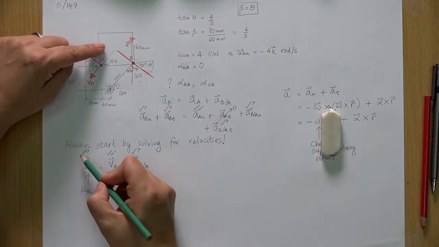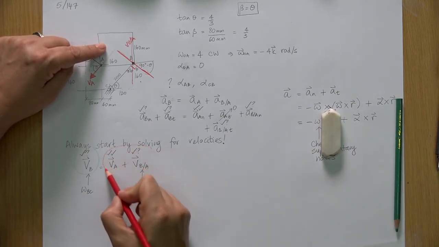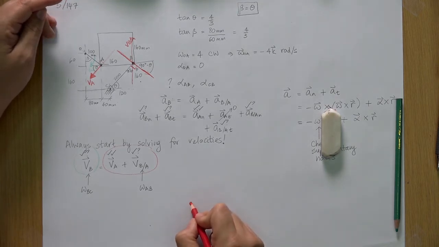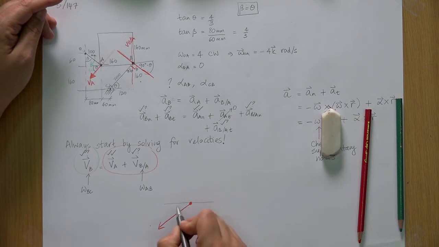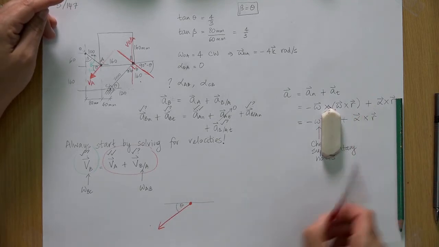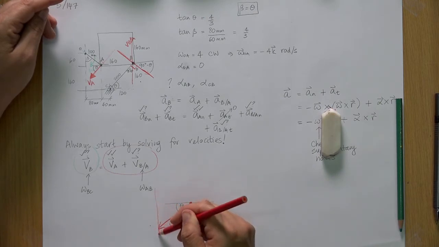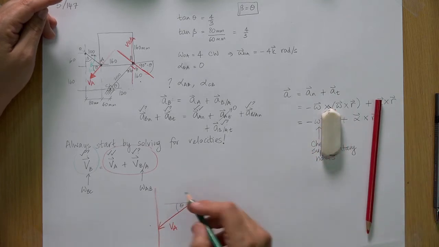So if I do the two sides of my equation, start with what I know. I know VA is moving down at an angle of theta below the horizontal. I know VB relative to A is vertical.